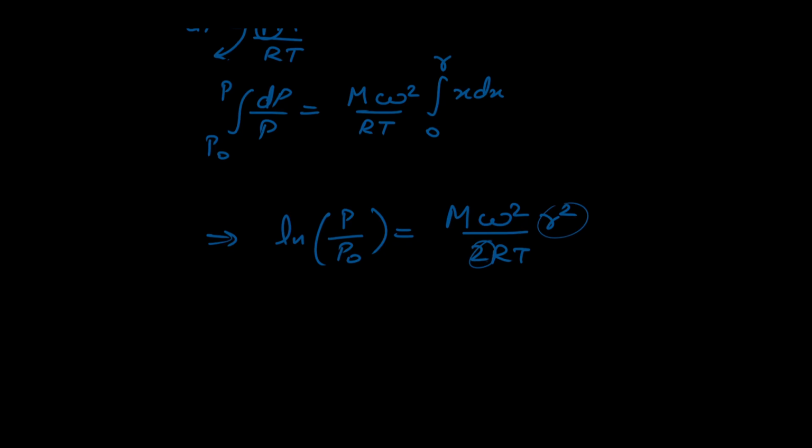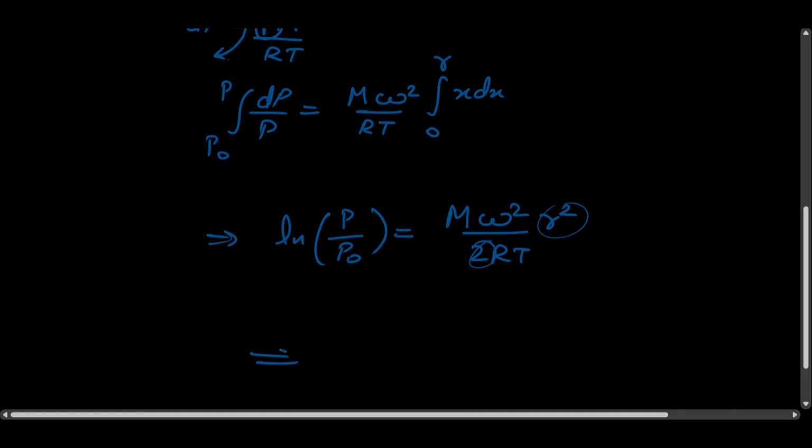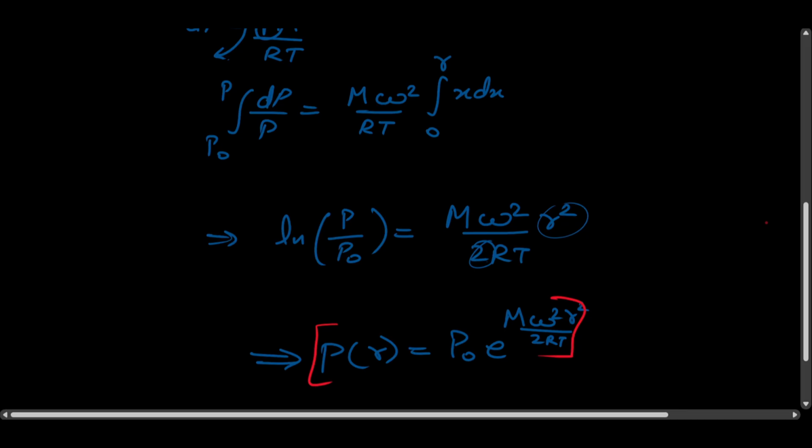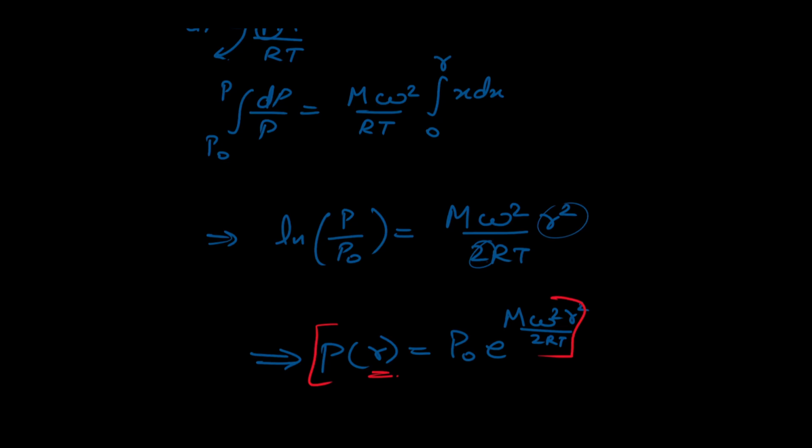So we have the pressure as a function of distance r, which is given by P naught times e to the power m omega squared r squared by 2RT, which is our final answer. So we have the pressure dependent on the distance for the rotating column of air. That is it, people, for this one, and thank you for your time.